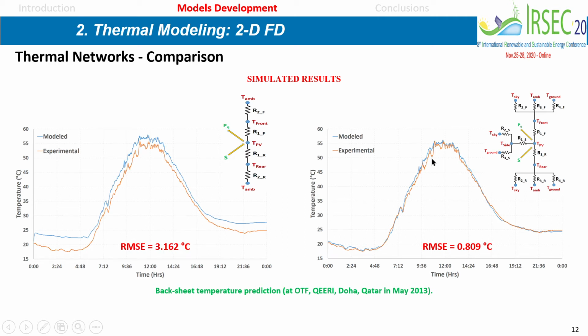Whereas here, when we introduced our new heat dissipation modeling by correctly defining the sink temperatures on top, bottom, and sides of the PV panel, we improved the simulated result drastically. They are now very close to the experimental, with a root mean square error of 0.8.